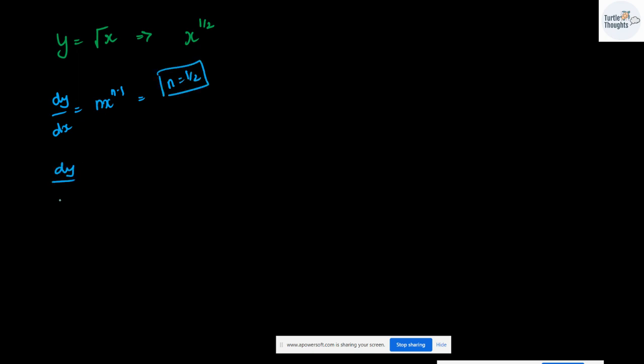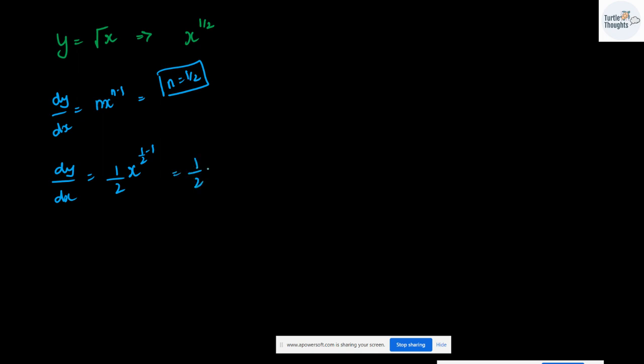If you have to find out, say y is equal to root x, root x can be written as x raised to the power 1 over 2. Use the same formula. Dy by dx is going to be n x to the n minus 1. Here n is going to be half, so dy by dx can be written as 1 over 2 x raised to the power 1 over 2 minus 1.